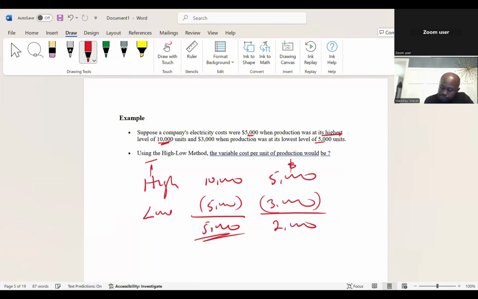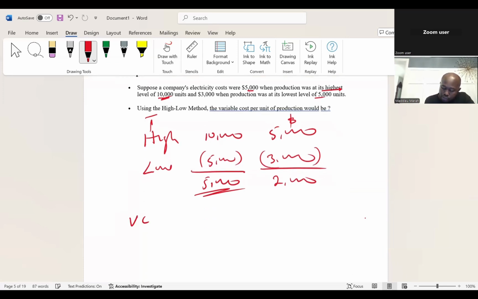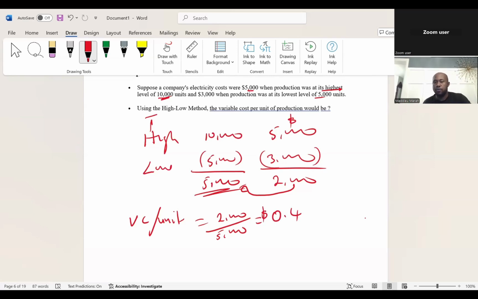This is in value. So now our variable cost per unit is equal to, remember, the value divided by units. So it's 2,000 divided by 5,000. So this gives me 0.4. This is my variable cost per unit, 0.4.